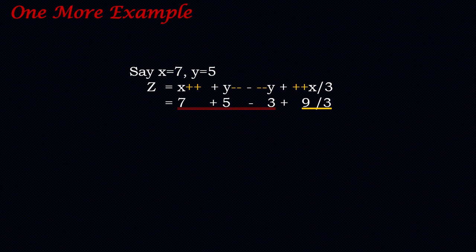So since it is a post version, so 7, the value is not increased, so 7 remains constant. Next, y, again a post version, so value is not changed. See here in this situation, the pre version is given, but y the value 3. See here, first the value of y was 5.